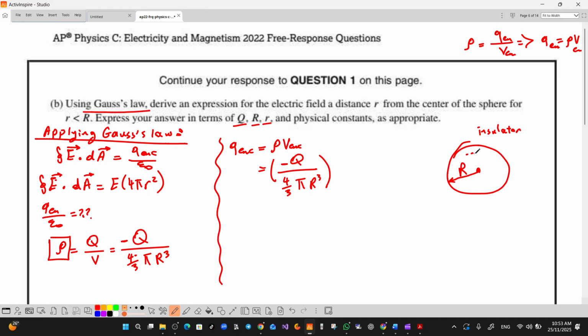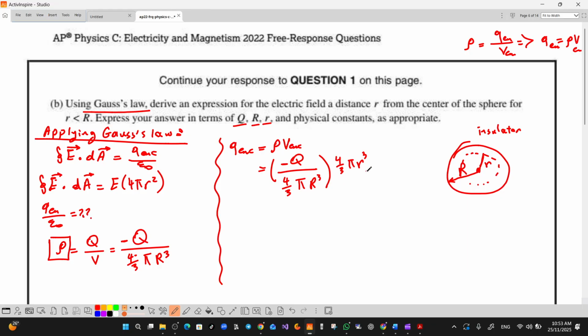The V enclosed is the volume of the Gaussian surface of radius r, written as 4 over 3 pi r cubed, where small r represents the radius of the Gaussian surface.